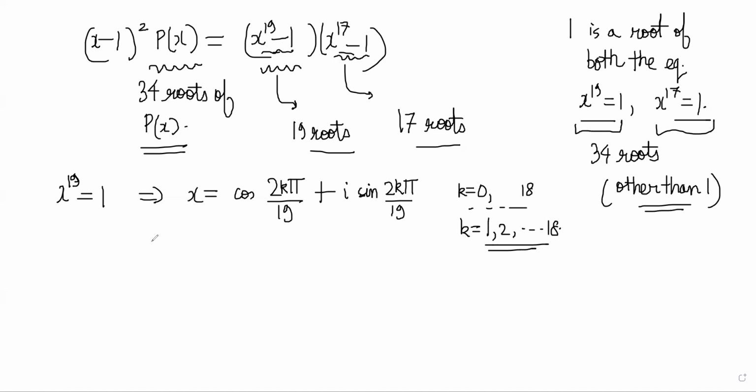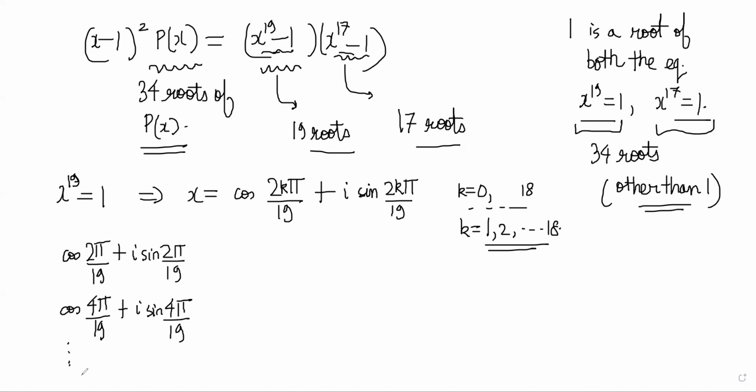So your root will be basically cos of 2 pi by 19 plus i sine 2 pi by 19. And then the next one would be cos of 4 pi by 19 plus i sine 4 pi by 19. And so on. It will go on to the 18th, which is cos of 36 pi by 19 plus i sine of 36 pi by 19.